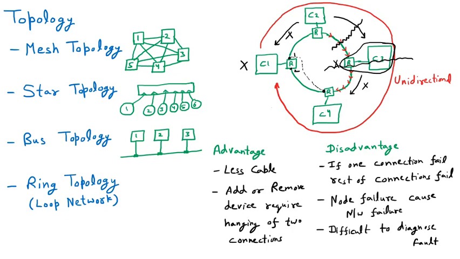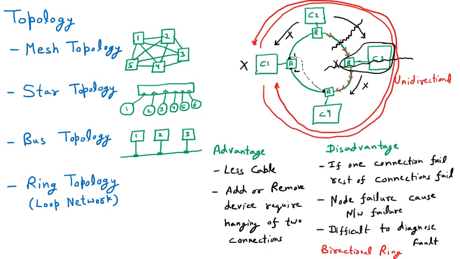Now there is one solution. The solution is the bidirectional ring. So the solution to all the problems is bidirectional. Bidirectional ring topology is a solution in which we can also send the data in the reverse way, anti-clockwise also. So we are sending here also this way. This is the bidirectional.